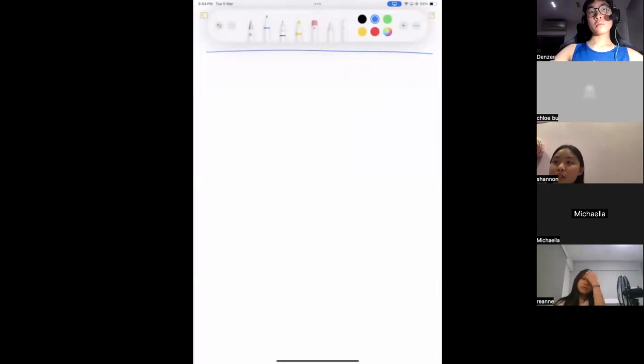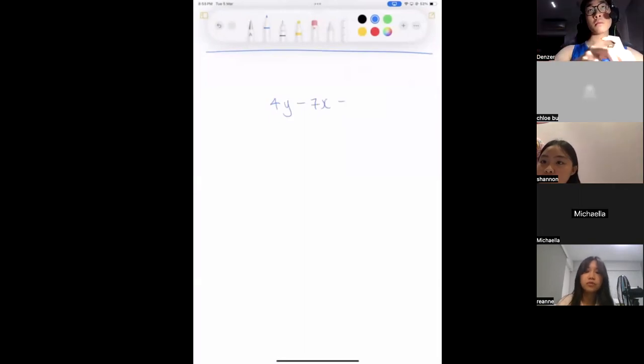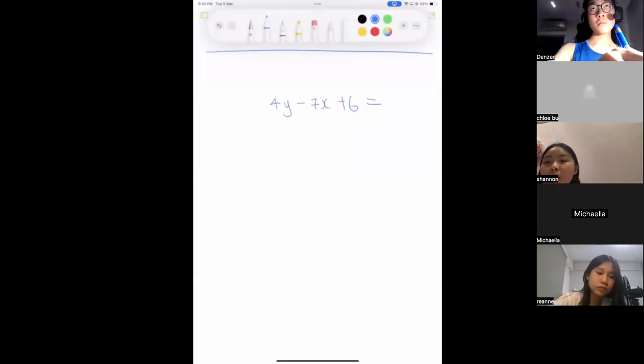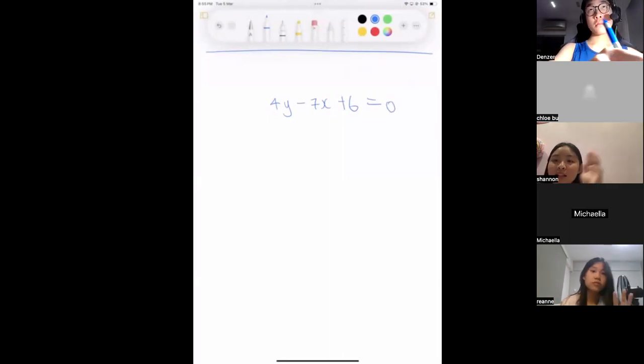What is the gradient of this equation? Yes, Shannon.